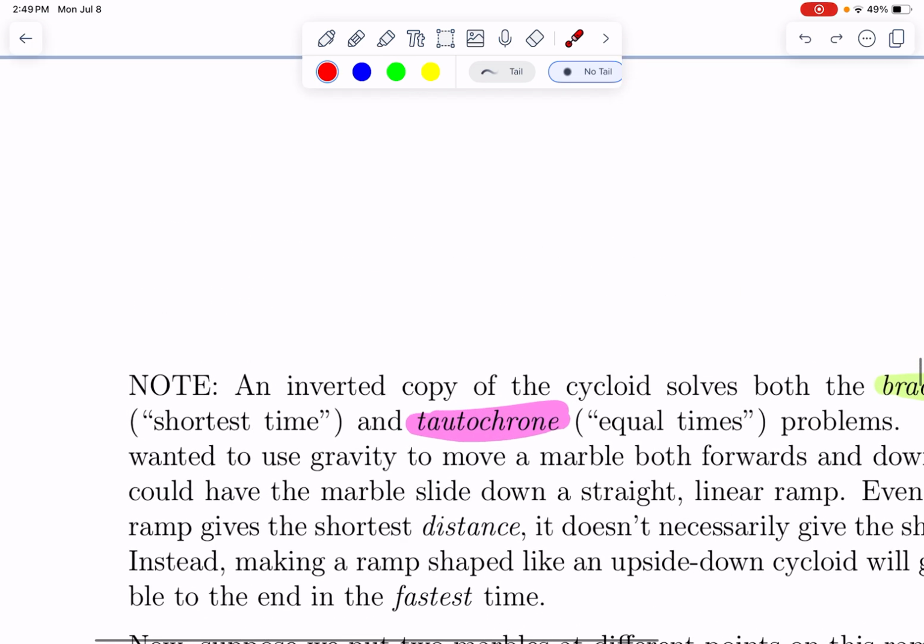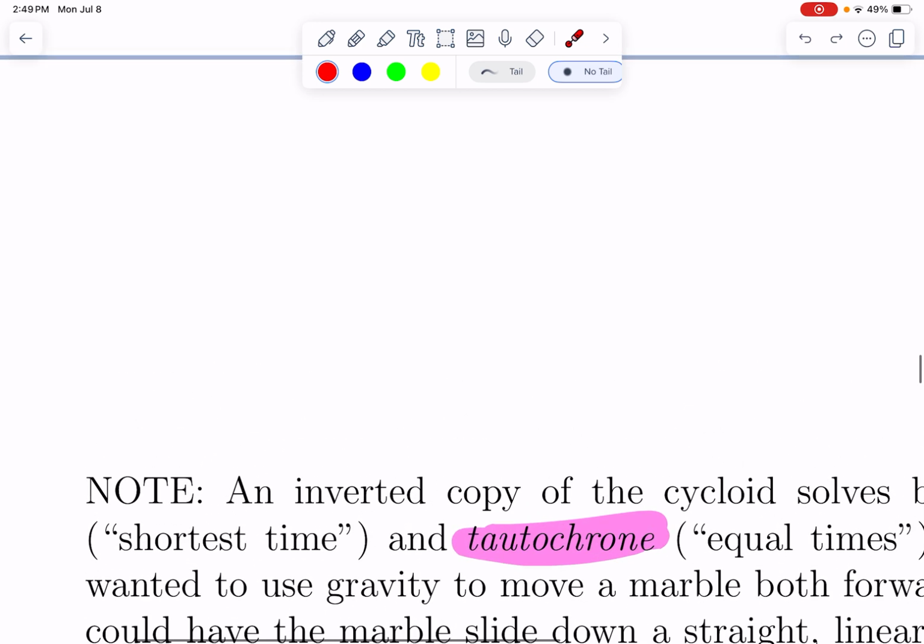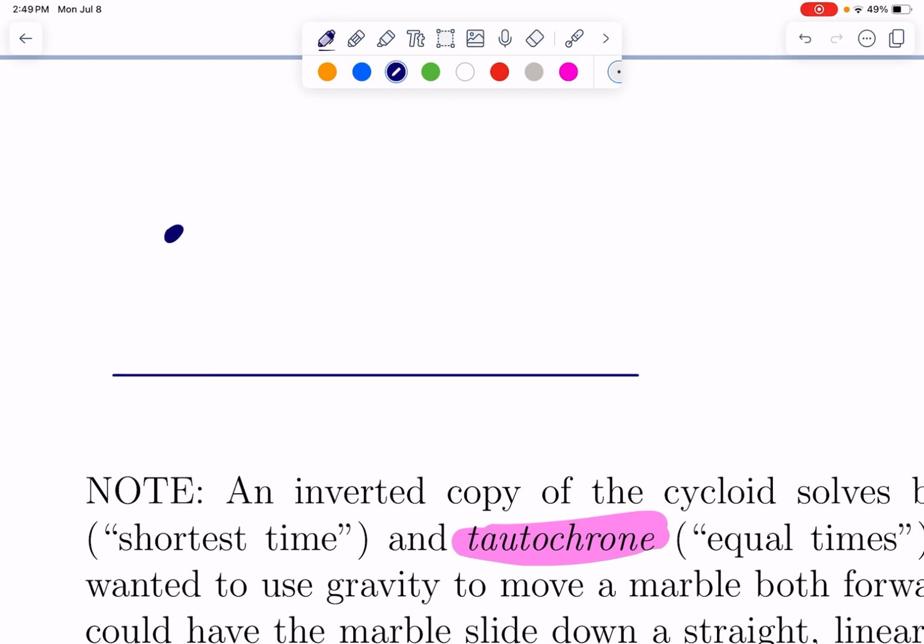So here's the idea behind the brachistochrone problem. Imagine that, say, here's the ground, and we have a marble right here, and we want to get it to this point on the ground.